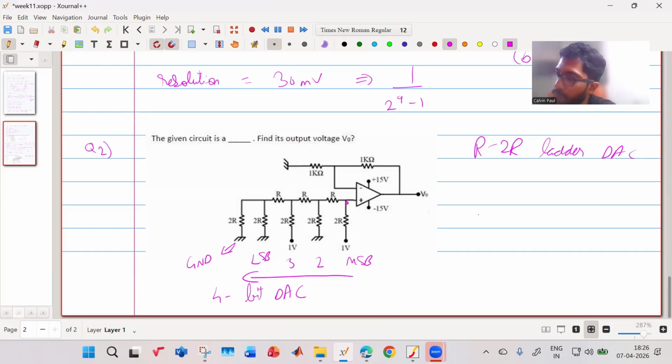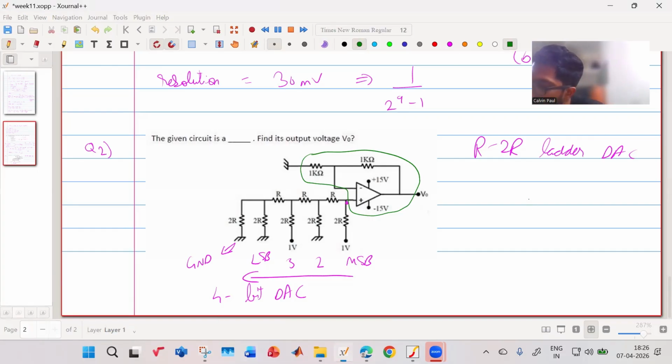Then we have an op amp. Can you tell me what would be the gain of this op amp? It is non-inverting.